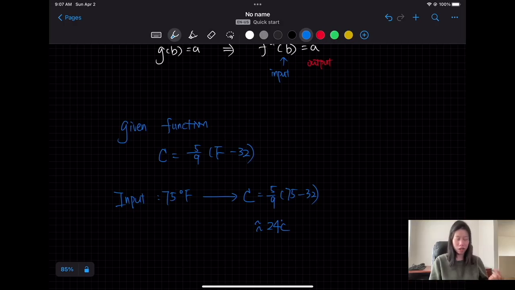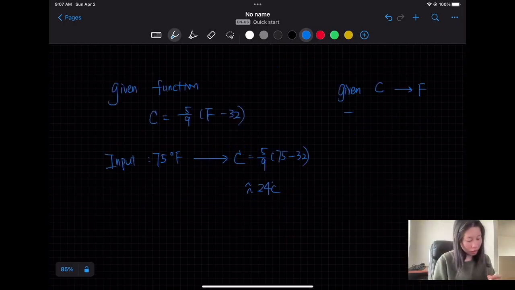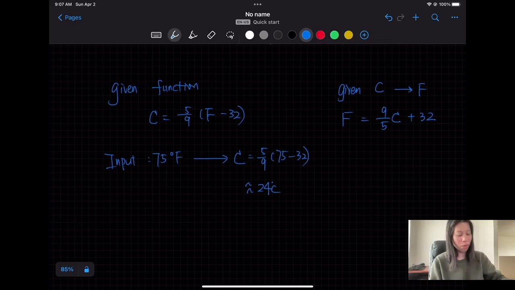The inverse function is more like you are given the Celsius and now you want to compute the Fahrenheit. So the formula is going to be Fahrenheit equals 9/5 times Celsius plus 32.